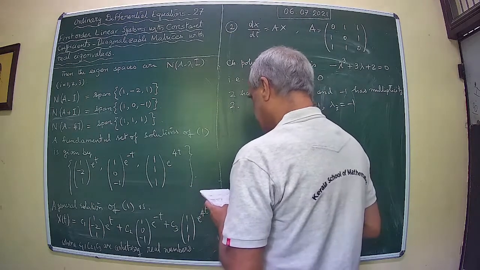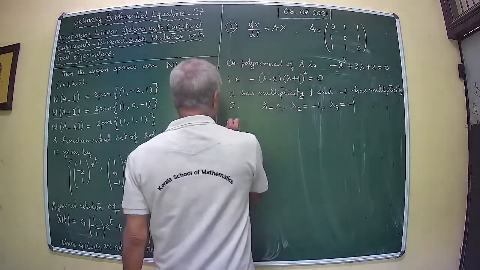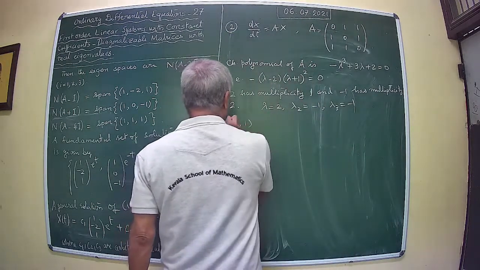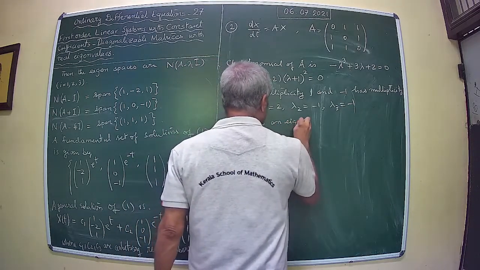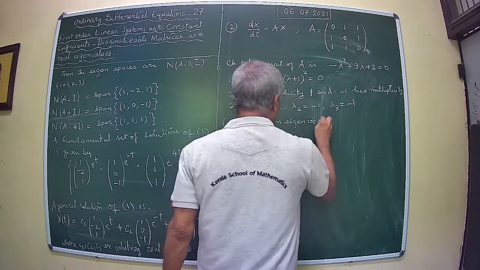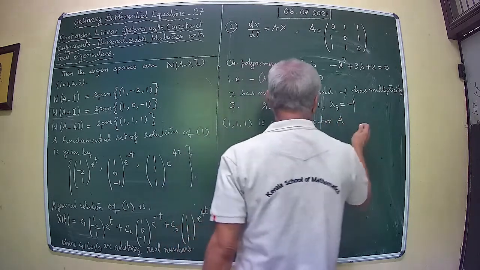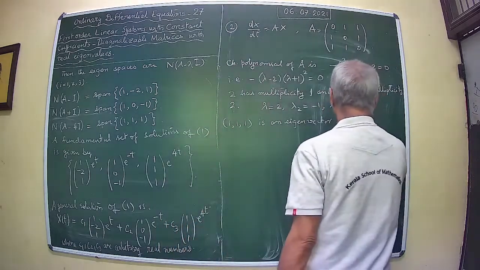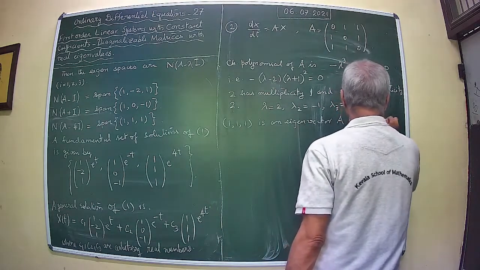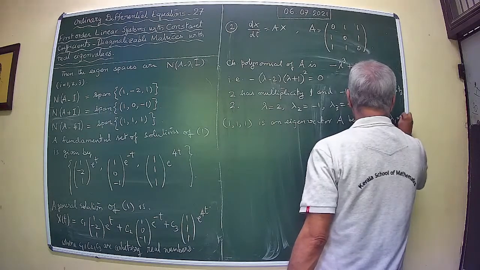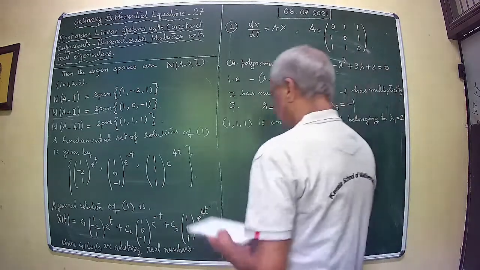Now you see that (1, 1, 1) is an eigenvector of A belonging to the eigenvalue 2.